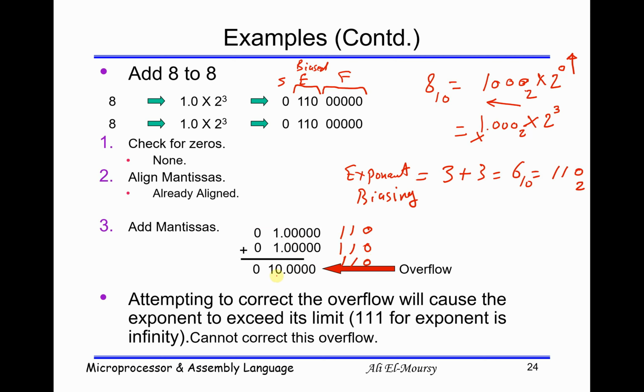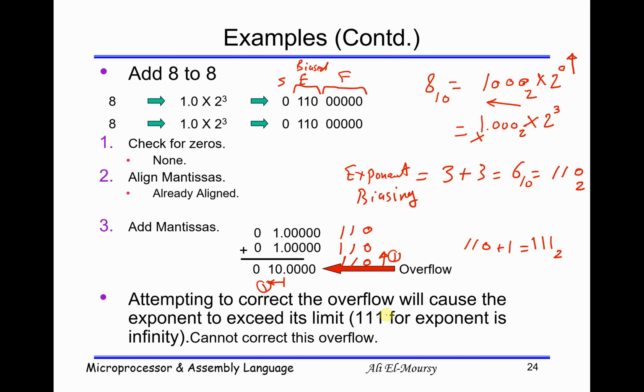Right now I need to normalize the number. That means I want to shift it by 1 place, so I want to raise the exponent by 1. When I add 1 to 0 1 1, I end up with the exponent 1 1 1.